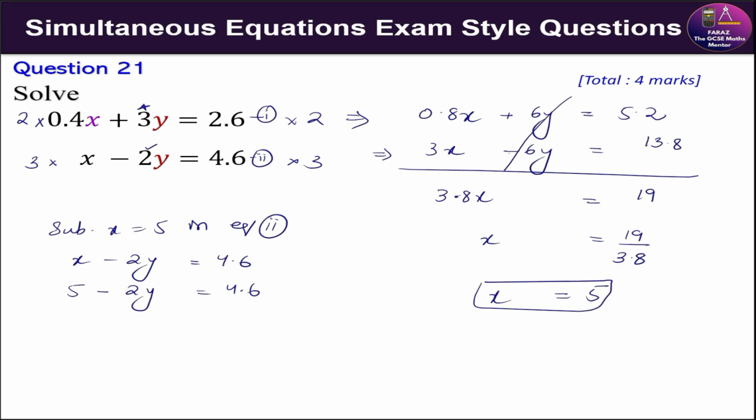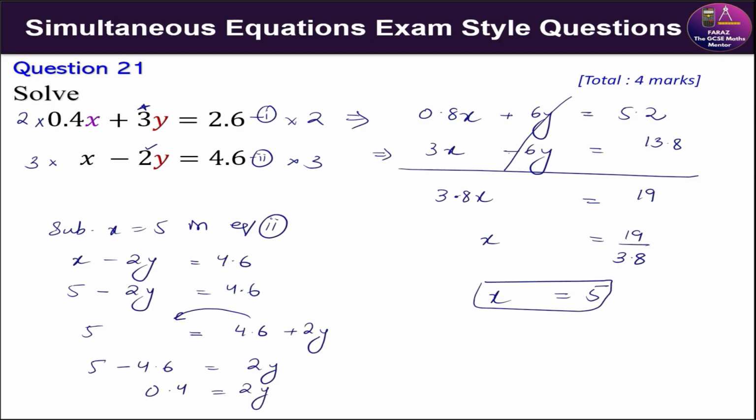Now here we have to make y positive, as the answer must be in plus y, not negative y. We are finding positive y. So how can you make it positive y? Just shift this negative 2y to the right side, it will become plus 2y there. And then shift this 4.6 to the left side, it will become negative 4.6. 5 minus 4.6, that is 0.4 equals 2y.